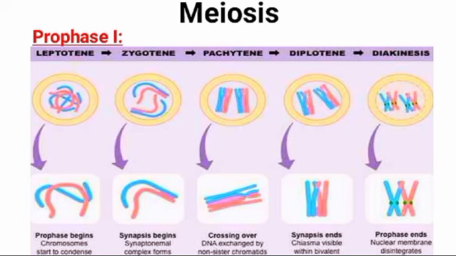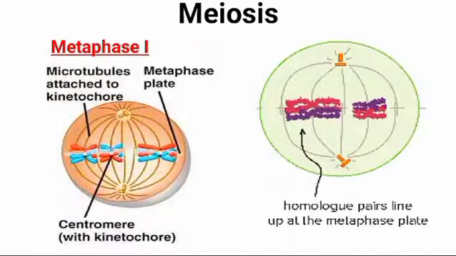Now, the last stage is diakinesis. In this, the chromosomes become shorter and thicker due to condensation. The nucleolus and nuclear envelope disappear towards the end of diakinesis, the spindle apparatus becomes organized, and the centrioles migrate away from one another.